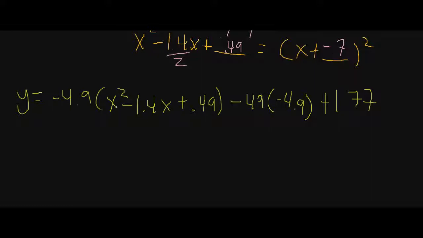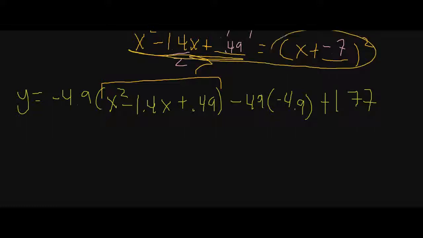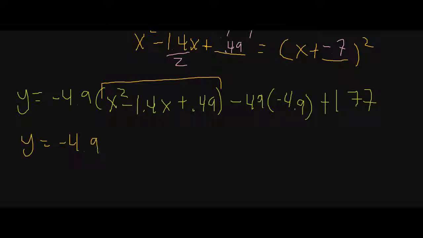If you look here, the x squared minus 1.4x plus 0.49, well, that's what we have up here. And this equals x plus negative 0.7 squared. Right, so we're going to get y is equal to negative 4.9 times x minus 0.7 squared. You could do plus the negative 0.7, but that's just the same thing as x minus 0.7.